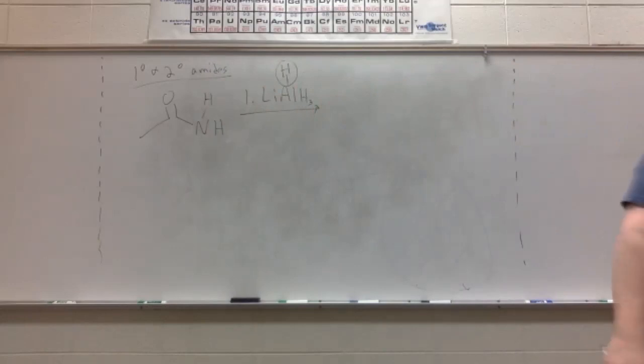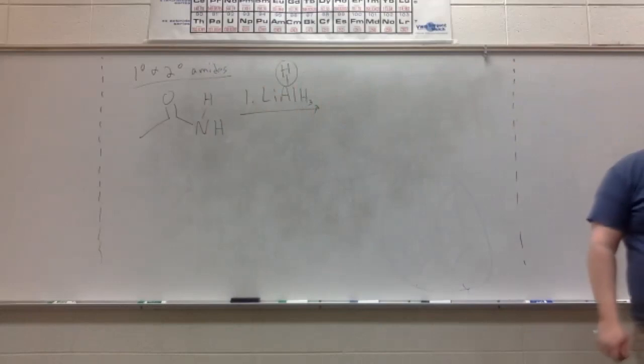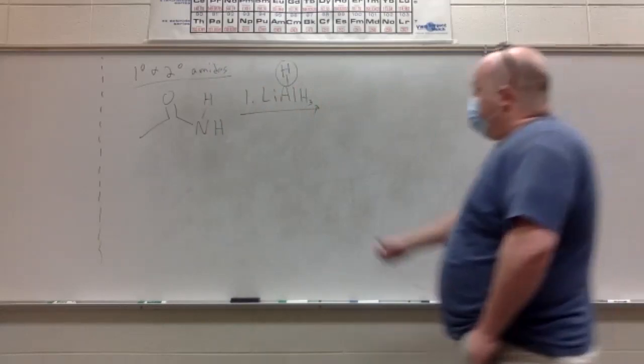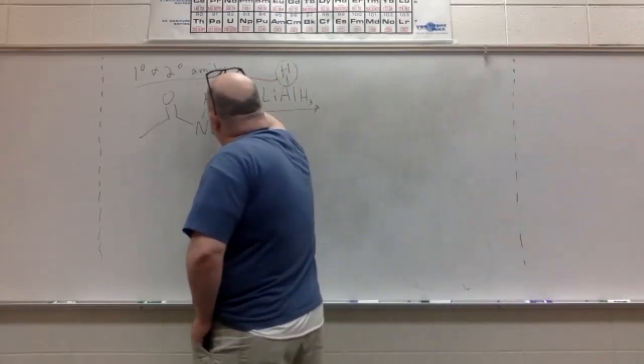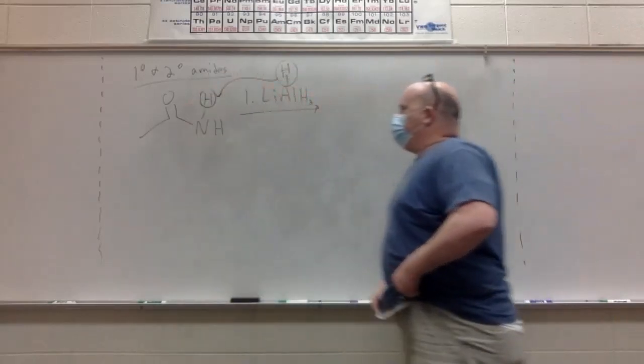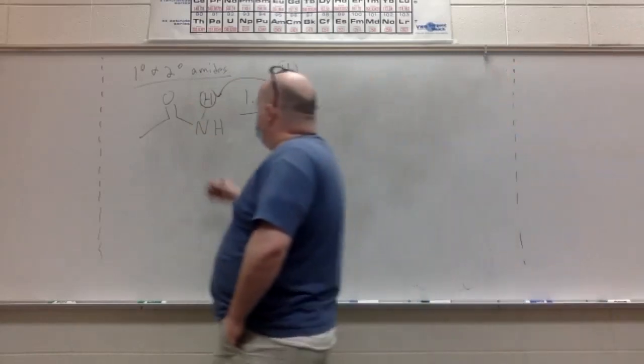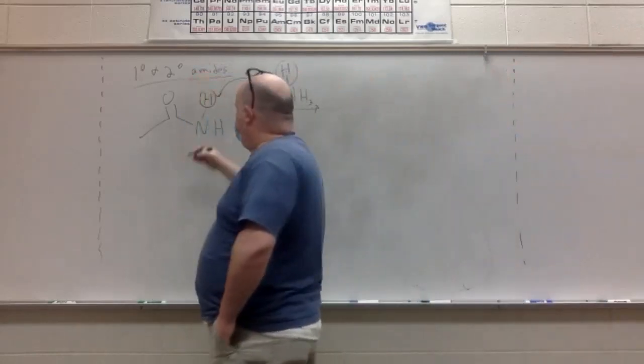All right, what do bases like to do, according to the Bronsted definition? They like to accept protons, yeah. And what it's going to do here is pluck a proton off from your nitrogen. And that's going to cause a bit of a domino effect.